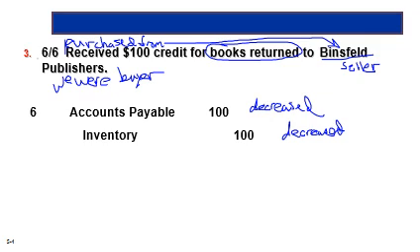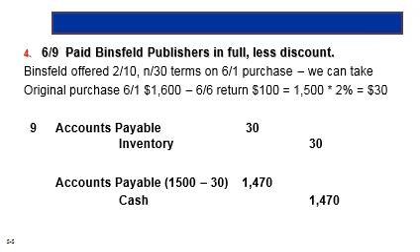Now we're going to pay Binsfield in full less the discount. In order to do this, we have to figure out how much was in accounts payable. When we bought these, we had terms of 2/10 net 30. The original purchase was on June 1st. The first thing we have to do is check this date.